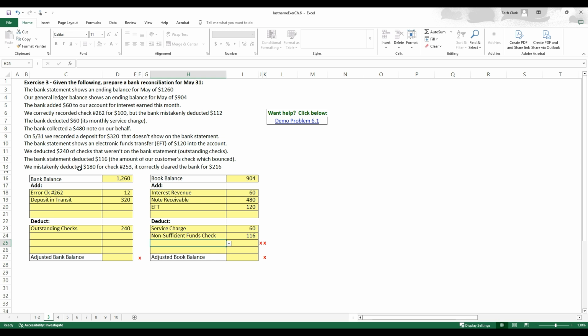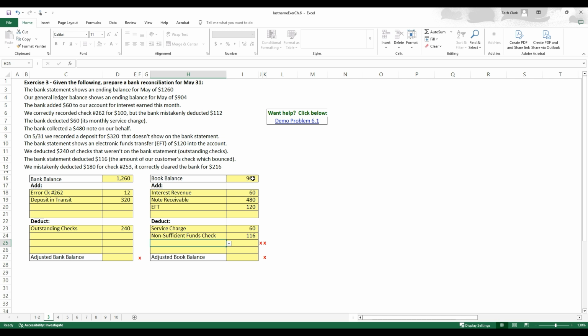Okay, so let's see what we got left. Okay, we made an error now where we, in our accounting records, deducted $180 for check 253, but it should have been for 216. So let's do error. Oh, whoops, sorry. Let's see, where is that going? So we deducted 180.